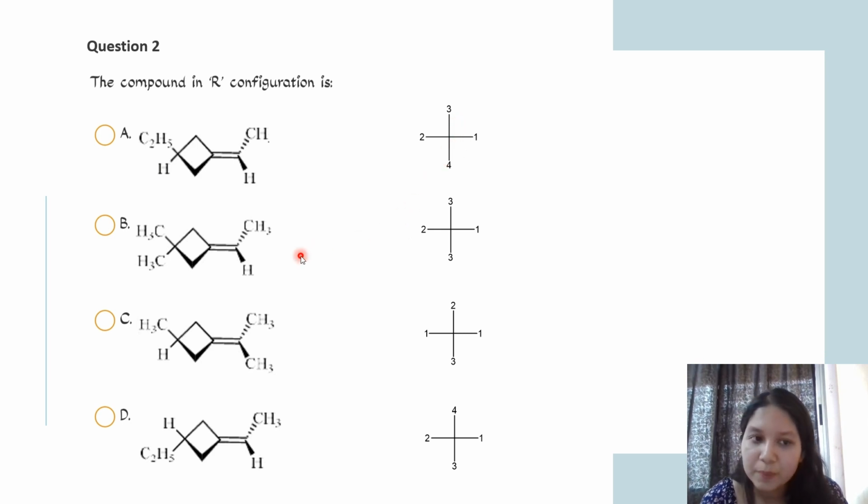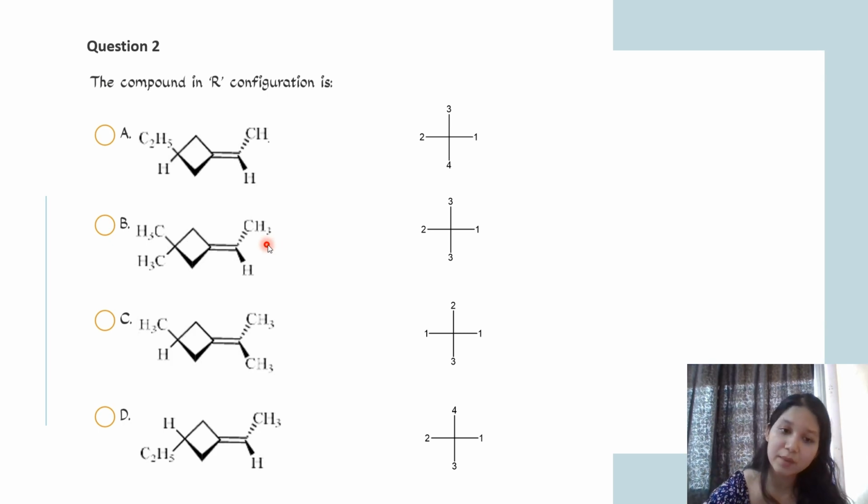If we come to option B, let us see. First, let's keep our eye here and then give priority 1, 2. See, this first priority group, which is methyl, is away from us, going below the plane.